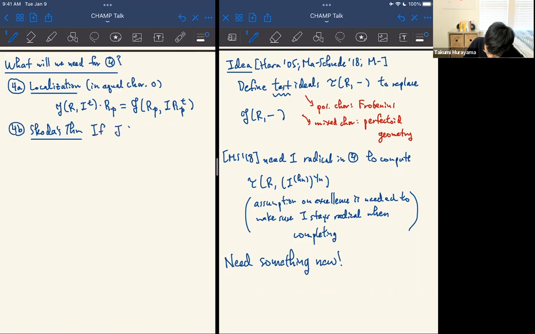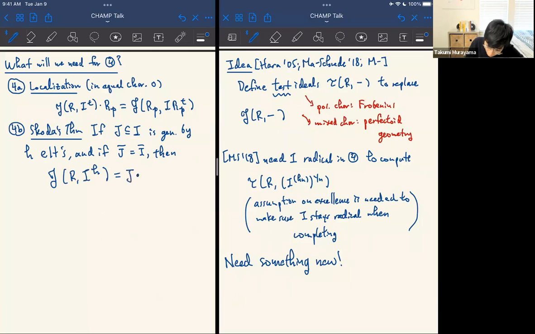Skoda's theorem says, if you have an ideal J instead of I, and it's generated by h elements, such that their integral closures are the same, then you can pull out a copy of J from the multiplier ideal.